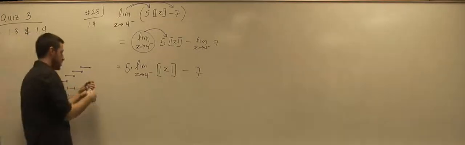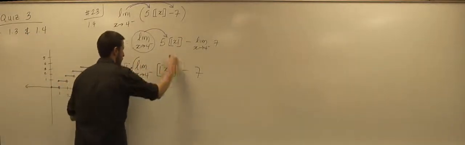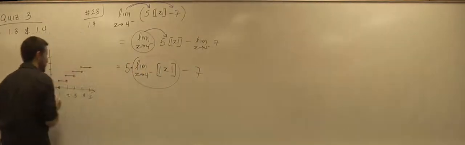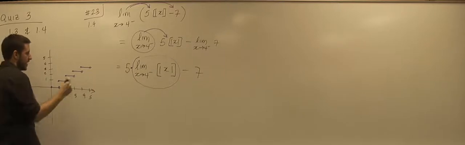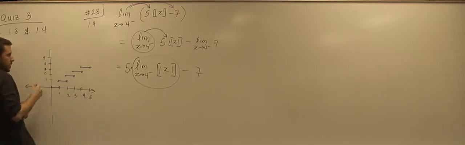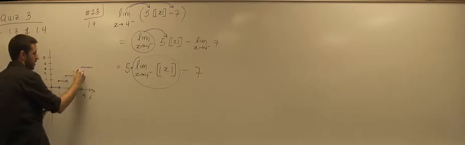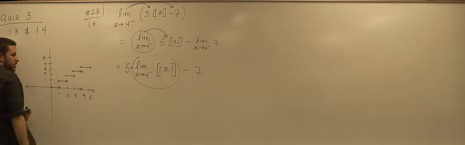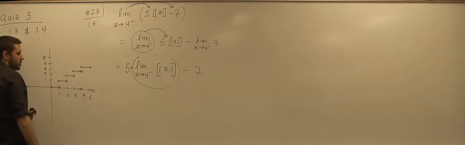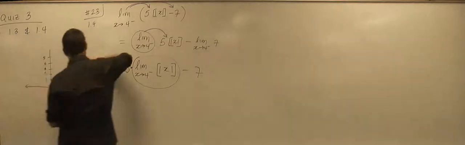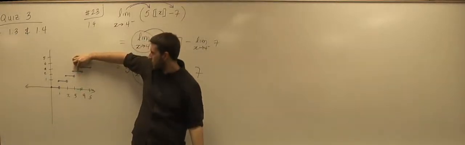So if I want just this portion, the limit as x goes to 4 from the negative side, from the left, I would be focusing on values on this side of 4, which would bring me up here. I don't even care about this side because it's from the left. So what value am I approaching? 3. That makes sense? You totally ignore this. All the y values right here are 3.